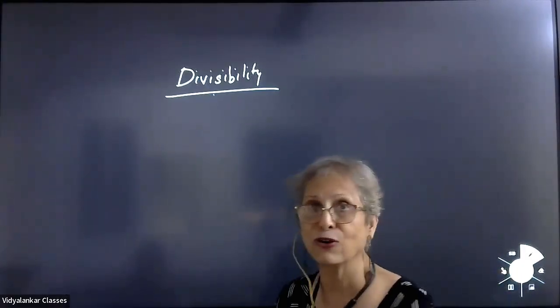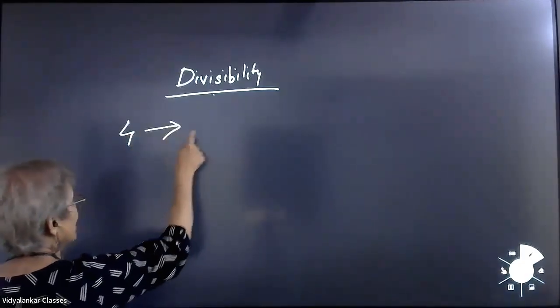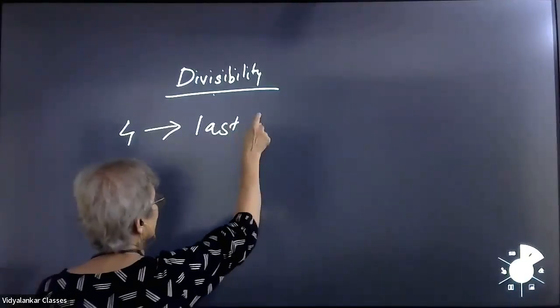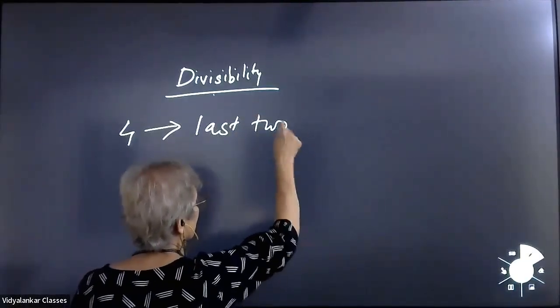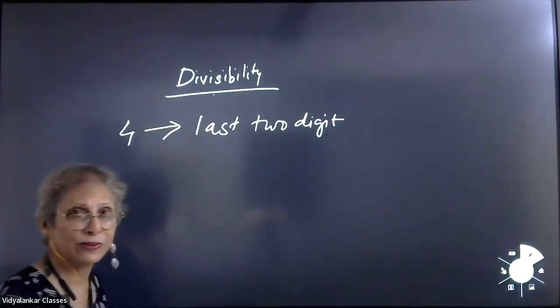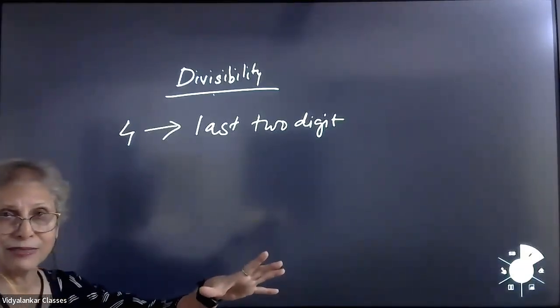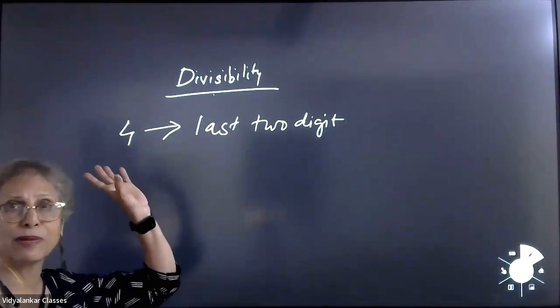So the next is the divisibility test of 4. That is the last 2 digits. If the last 2 digits are divisible by 4, then for any number, the number is divisible by 4.